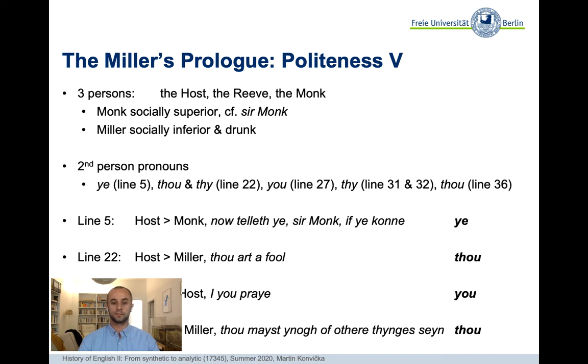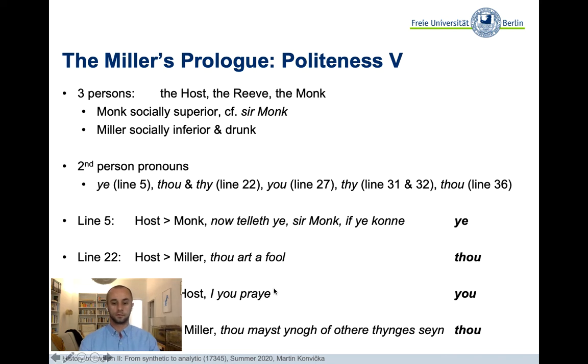So you see that in contrast to Old English, where the number was important, whether you are speaking to one person or more than one person, here you see one person being addressed, and in one case you have the polite form, and in the other you have the impolite form, and it's all actually steered pragmatically. So if you want to be polite or impolite, you have to choose between either the singular you or the singular thou.